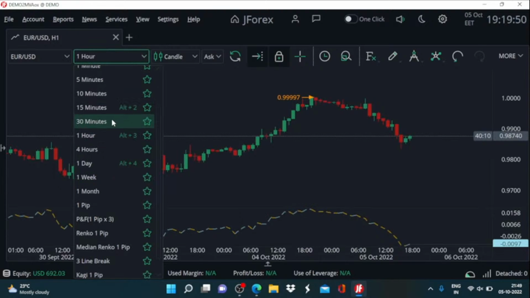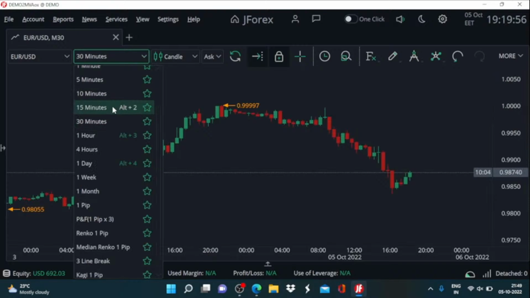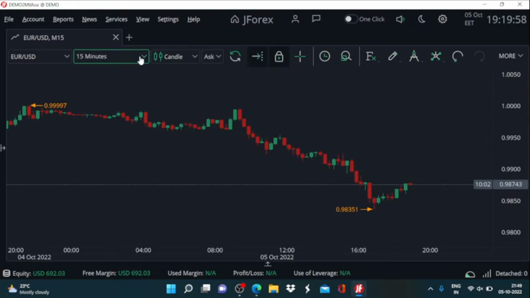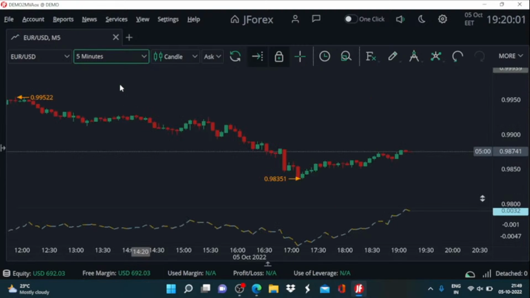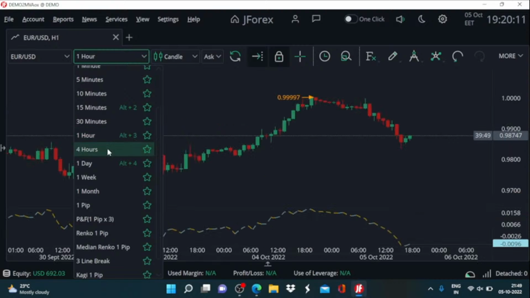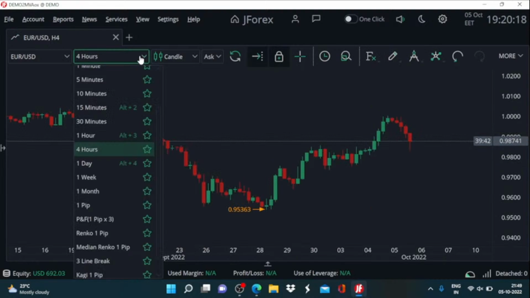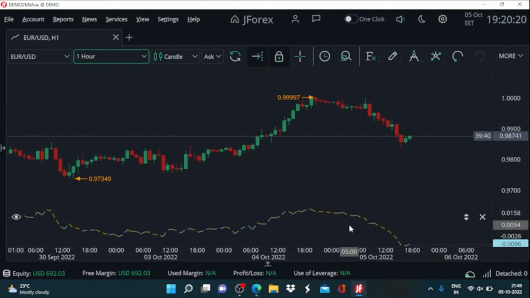If we change the chart's candle period to 30 minutes, there is not going to be any output of the MOM indicator. But if I plot it for 5 minutes, I will have this output of the MOM. Again, it will vanish if I change it to 4 hourly. So that's how this customization works.